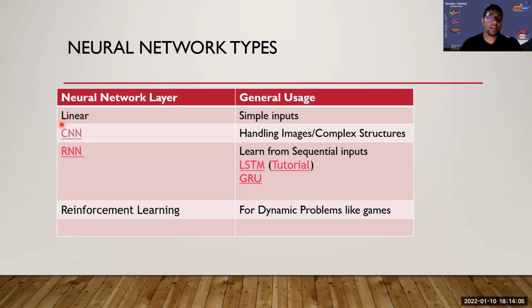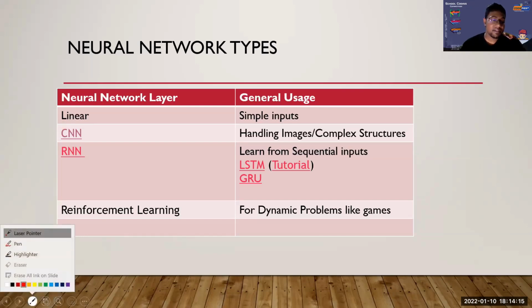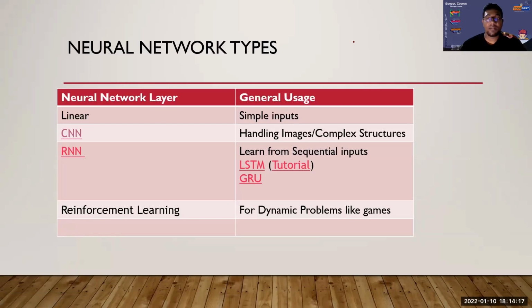And then if we have more complex structures like images that have a lot of data in them, let's think of this as an image. An image is usually broken down into its pixel level components, and each of these pixel points is considered a single data point.